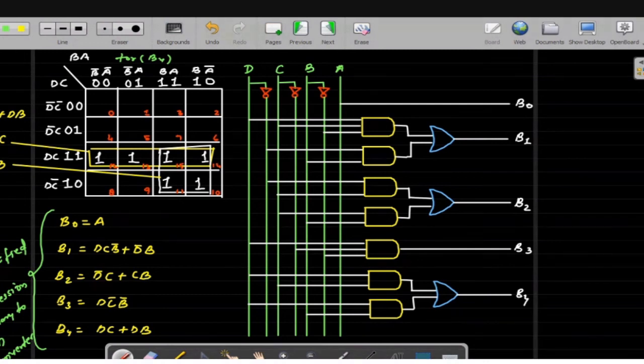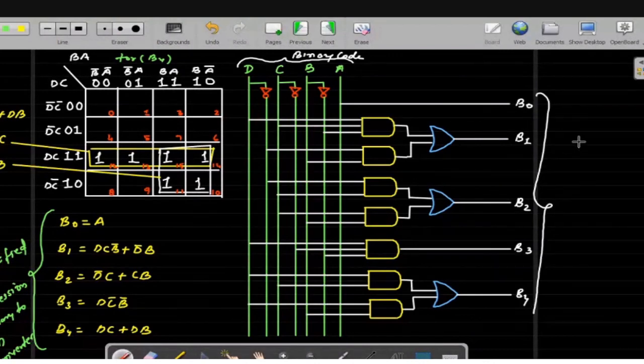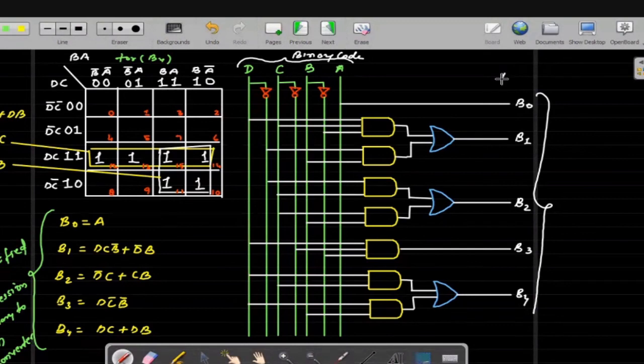So interestingly, this is the implementation diagram in which these are your binary inputs. Here you will provide the binary code or binary input, and here you will get your BCD code.